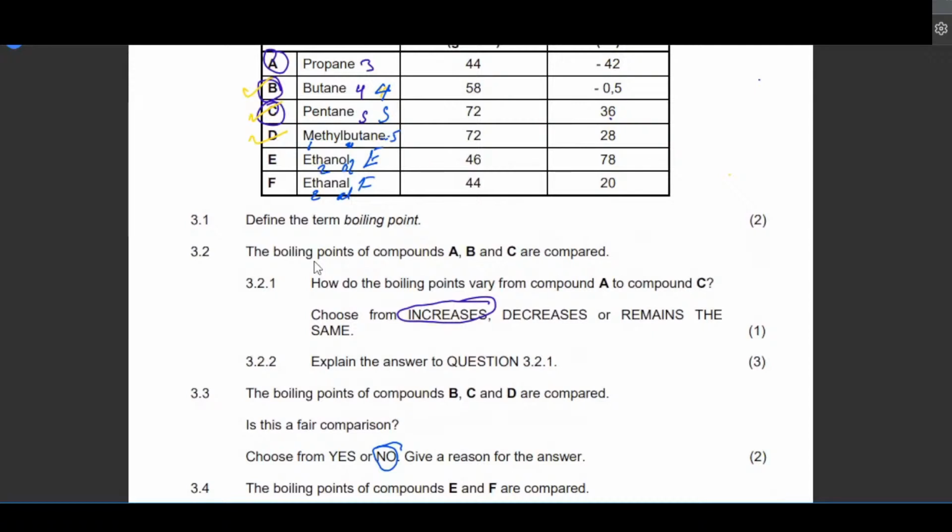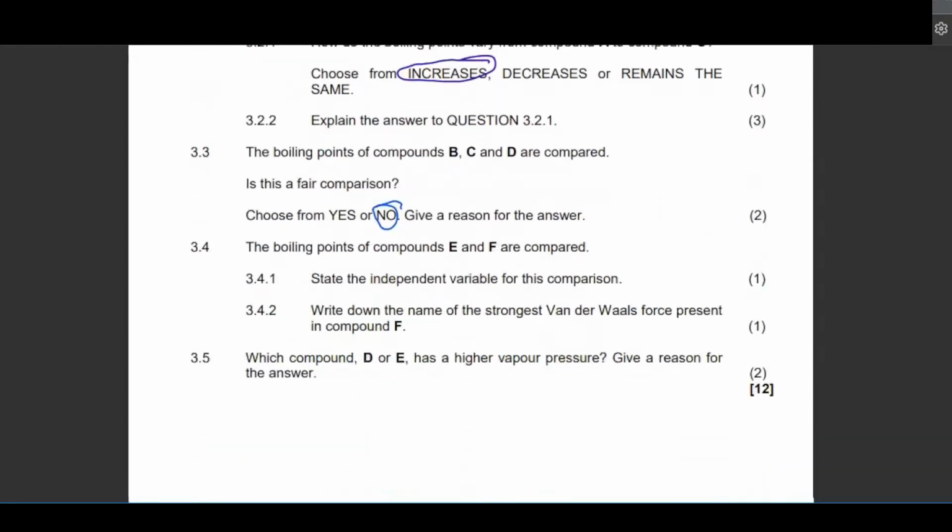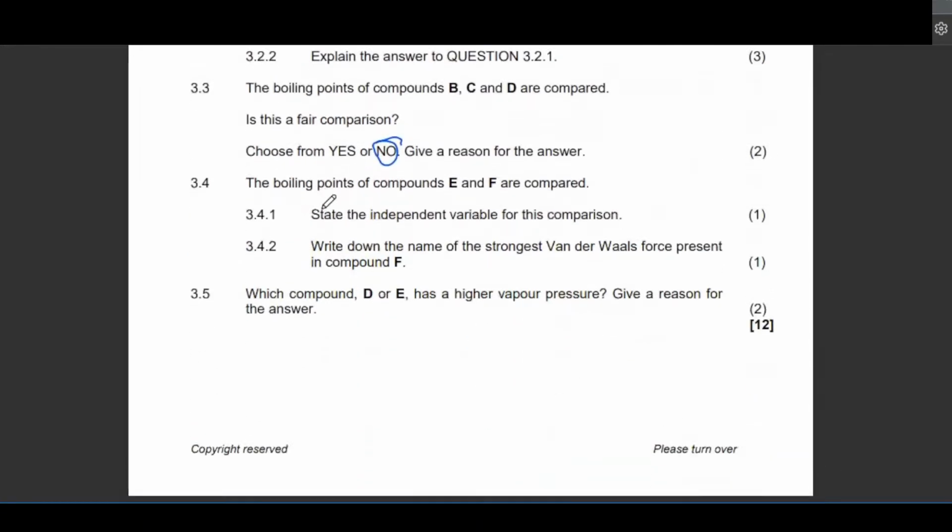What's the difference? This one is a little bit higher than this. So what causes this to change is basically the functional group. So the independent variable is going to be the functional group.